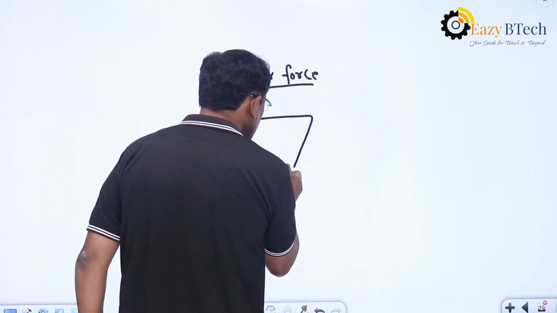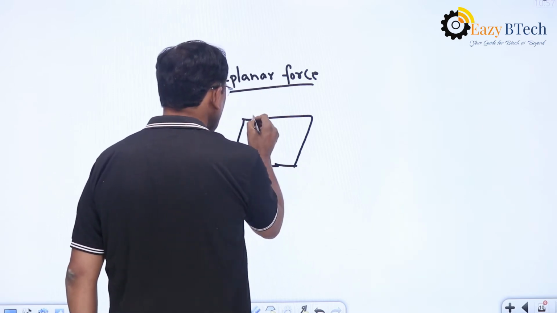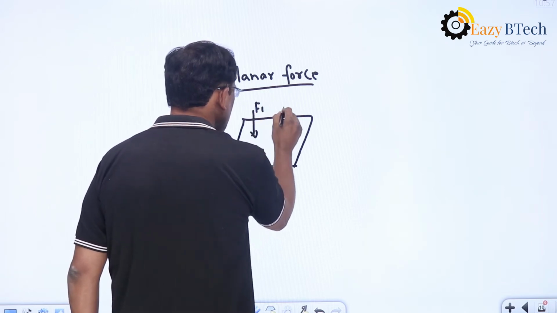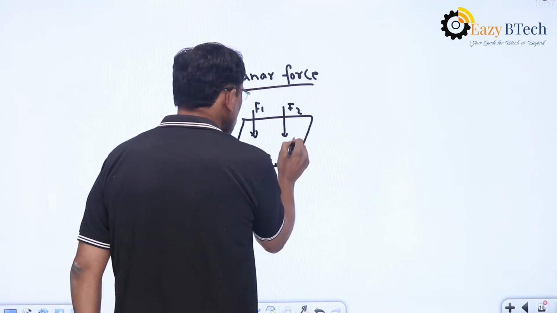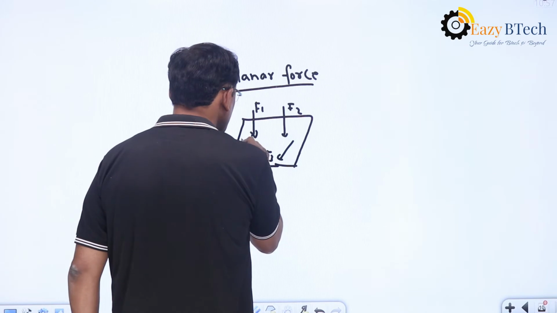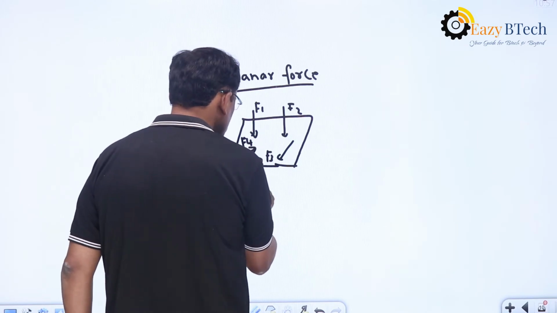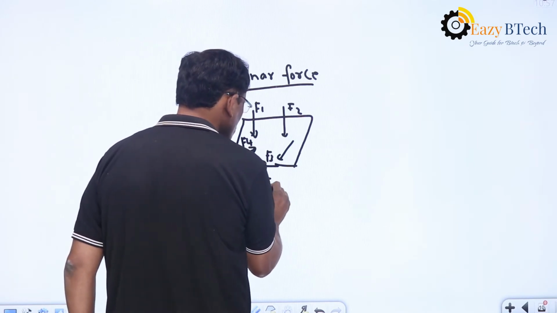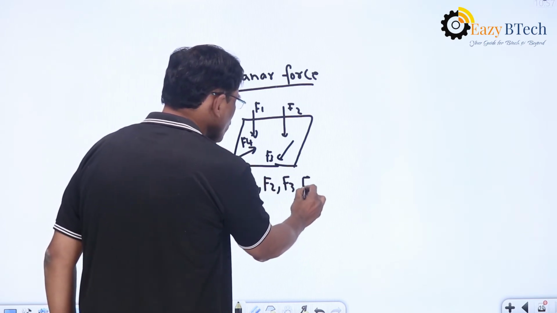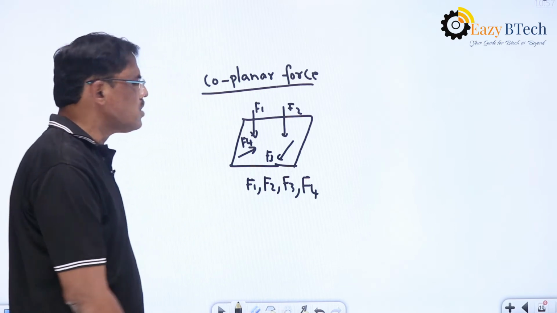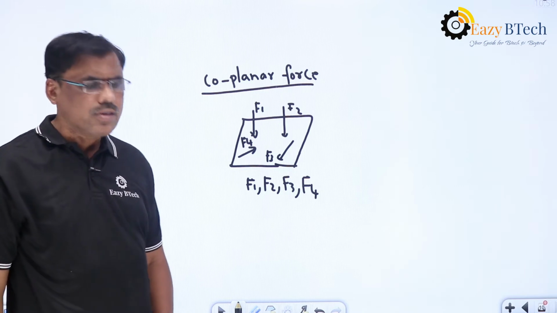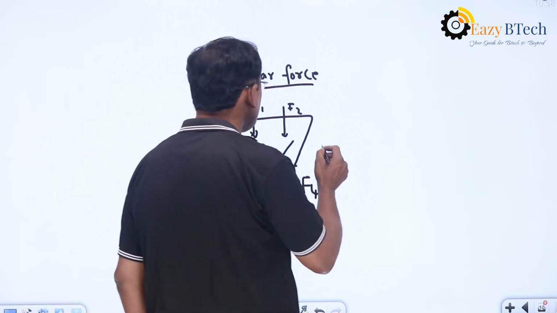So this one is a plane, and let us say the force F1 is acting here and force F2 and some force F3 and force F4 is acting on this plane. Then F1, F2, F3, F4. So these forces are known as the coplanar forces. So these forces constitute the coplanar force system.